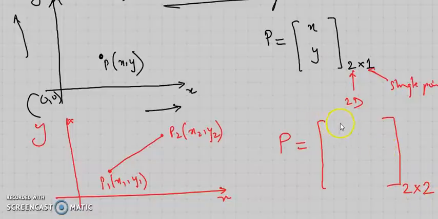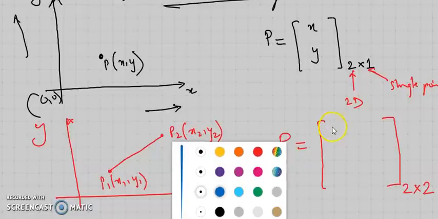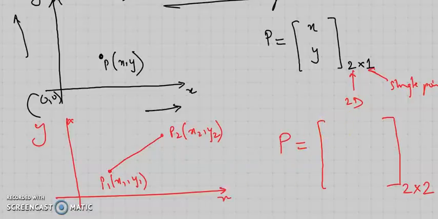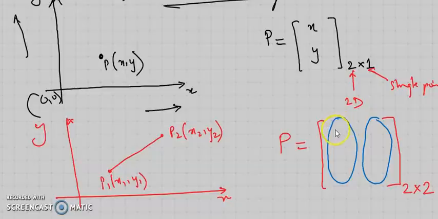So this will be my first column, and this will be my second column. What I am going to put up in my first column is x1, y1, and what I am going to put up in my second column is x2, y2.